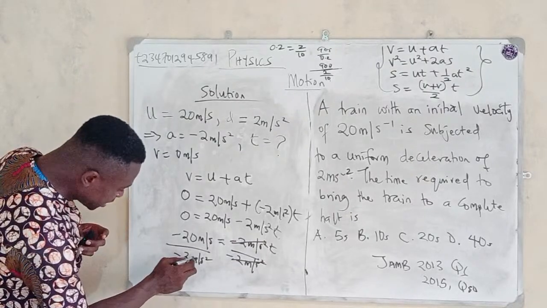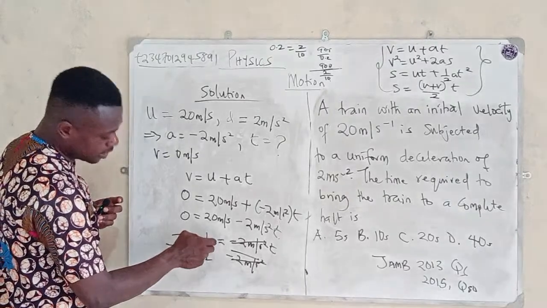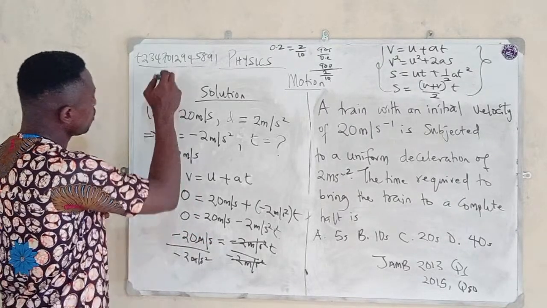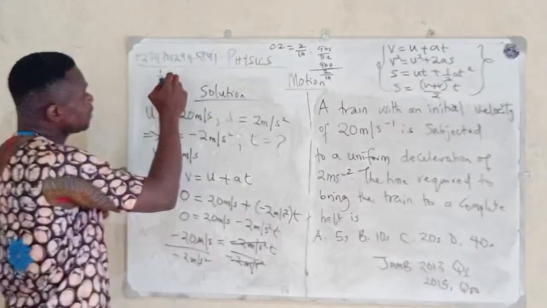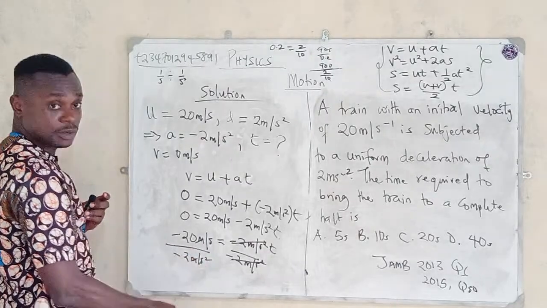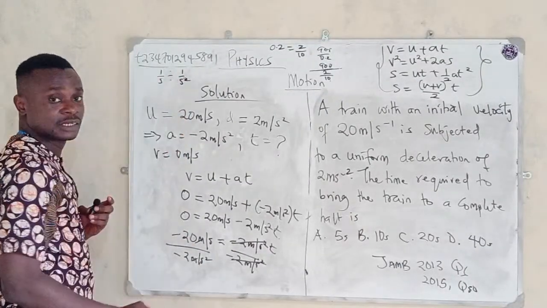Here, this meter will cancel this meter. We have per second here. So this is just like saying 1 over seconds, which is per second, divided by 1 over second squared, which is per second squared. That is the implication.